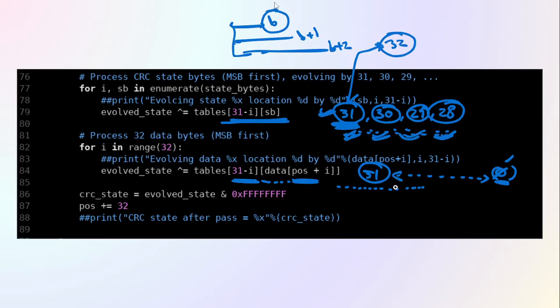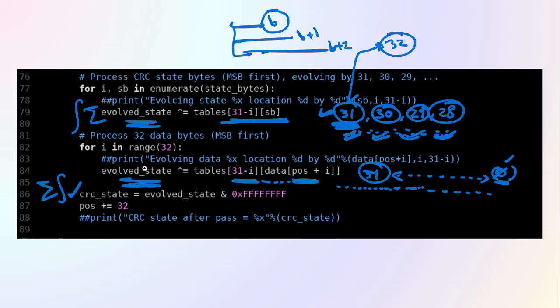CRC evolves by this function and data evolves by these functions. It's very, very consistent, so you just keep doing that. And keep this in mind: this is your integral function, or your sigma function, where we said the CRC at the end is basically the sum of CRC. So when I do this for loop, this is also that sigma. You can see that these two equations are summing over all possible components, like a Fourier transform.